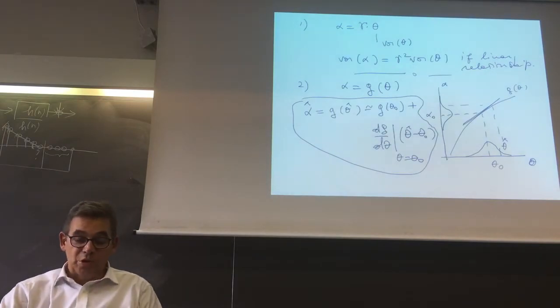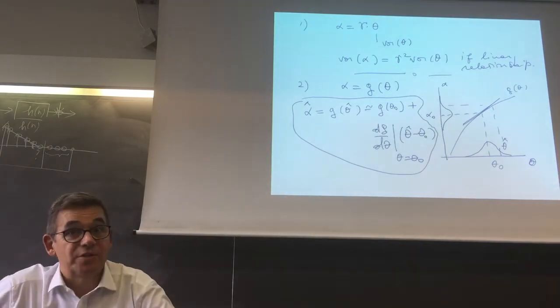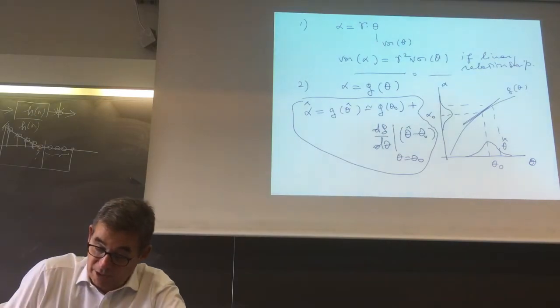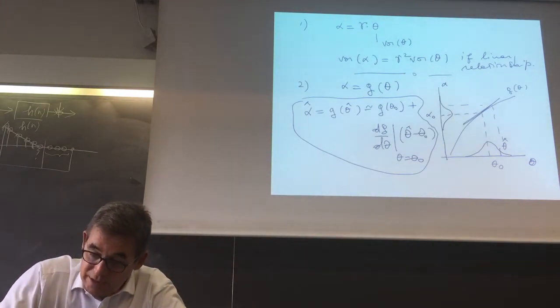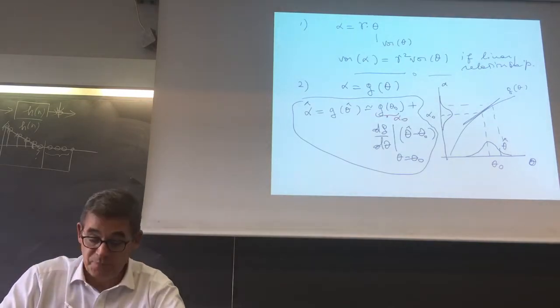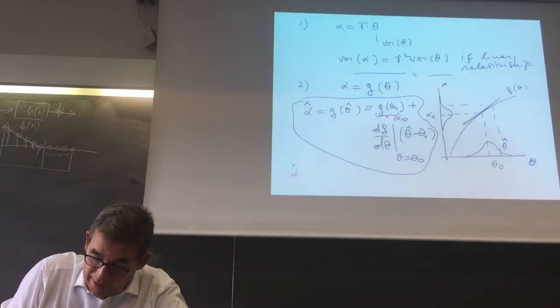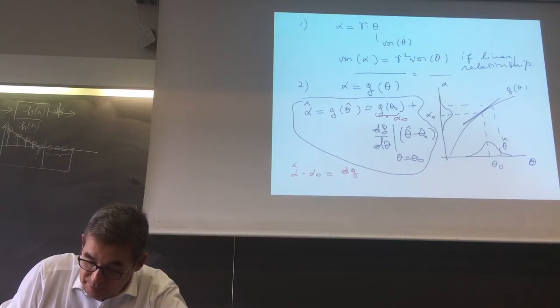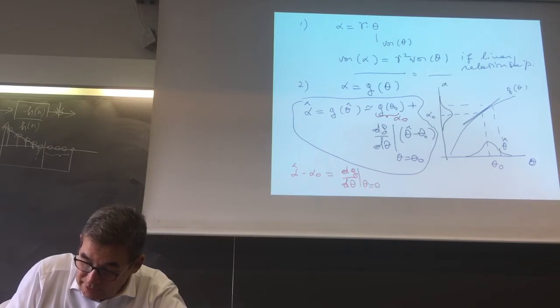Now let's compute the variance. The variance is very easy, because what comes out is that this is alpha 0, and so alpha hat minus alpha 0 is equal to the derivative of G with respect to theta computed at theta equal theta 0, times theta hat minus theta 0.